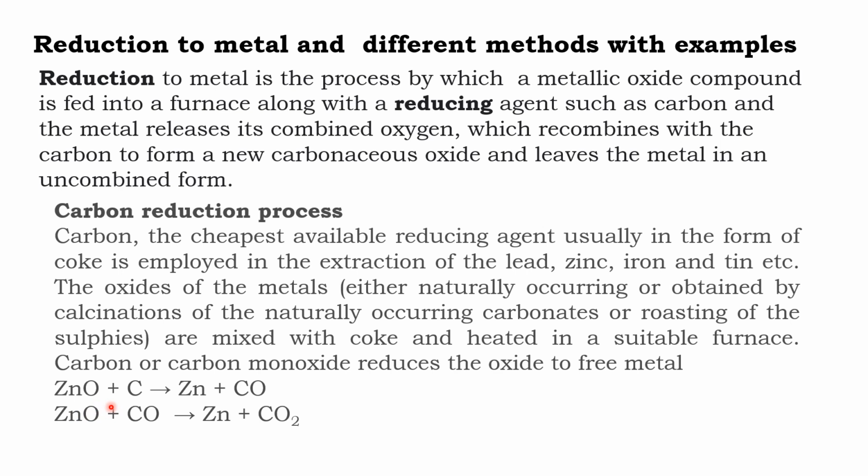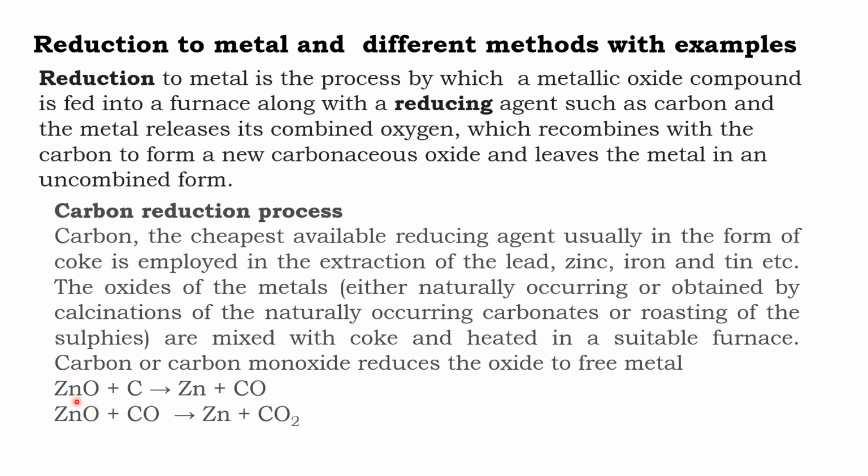So what happens? The oxide reacts with the carbon to form the corresponding carbon monoxide or carbon dioxide, depending upon the carbonaceous material that we are adding. And whether coke, pure carbon or carbon monoxide is needed depends upon the metal oxide that we are using.